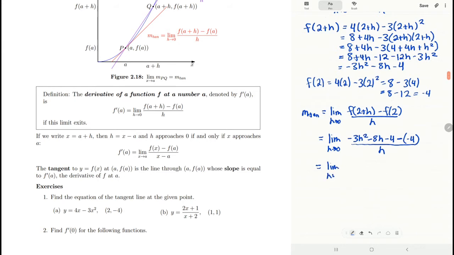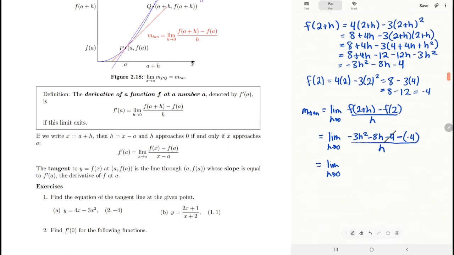Now let's simplify. We have a negative 4 and a minus a negative 4, which is positive 4. So the negative 4 and the positive 4 cancel, and we're left with negative 3h squared minus 8h all over h.